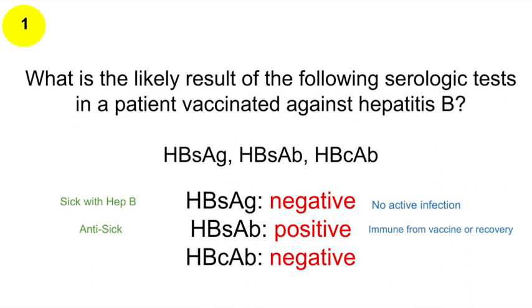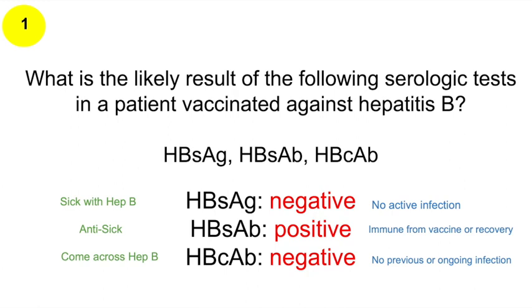The hepatitis B core antibody is negative. The core antibody means that you have come across hepatitis B before. So this could be either an acute or chronic infection, but it's negative. So that means that there is no previous or ongoing infection.